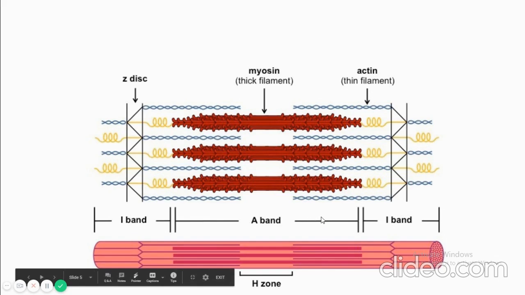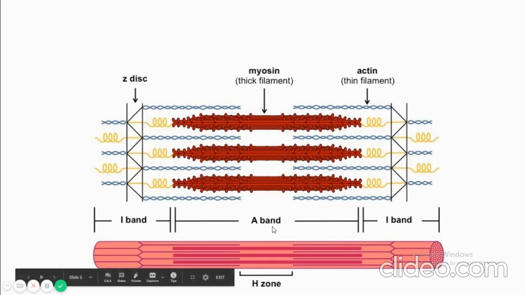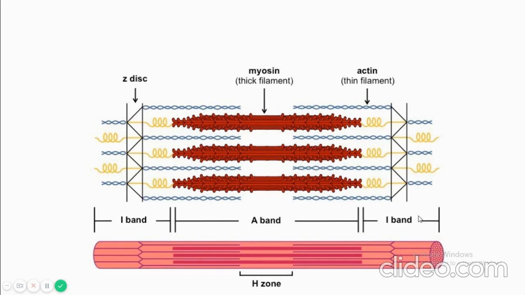Further, we can see that these myosin thick filaments and the actin, troponin, tropomyosin thin filaments give rise to the appearance of bands. There are two types of bands present in the sarcomere due to the thick and thin filaments: one is called the A band, the other is called the I band.